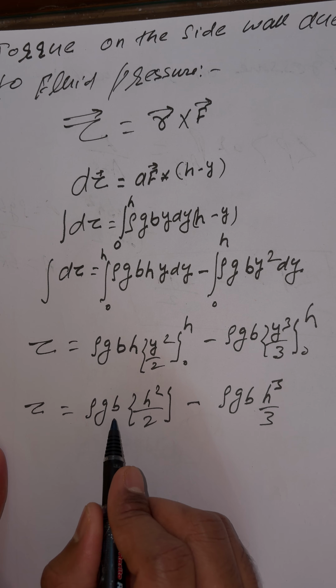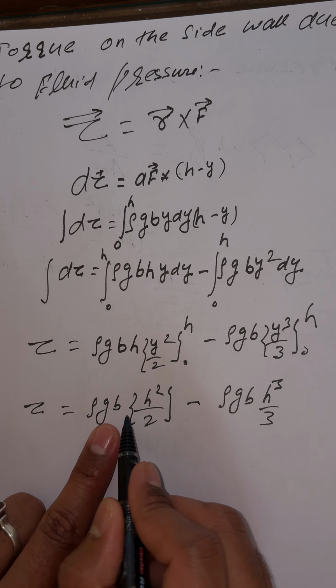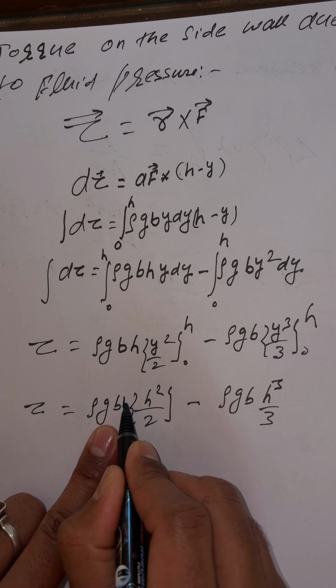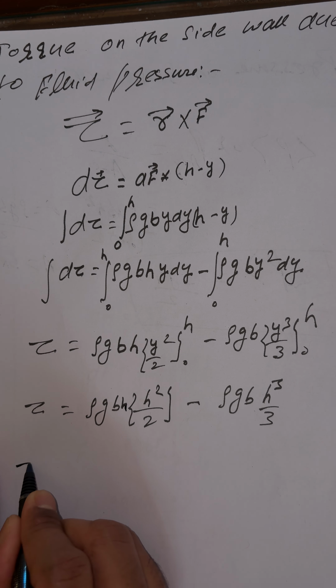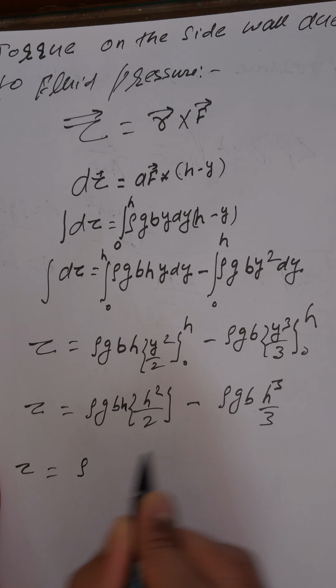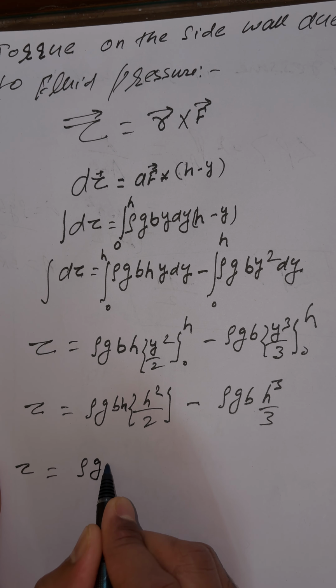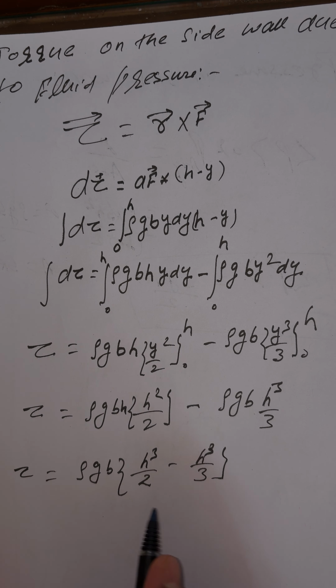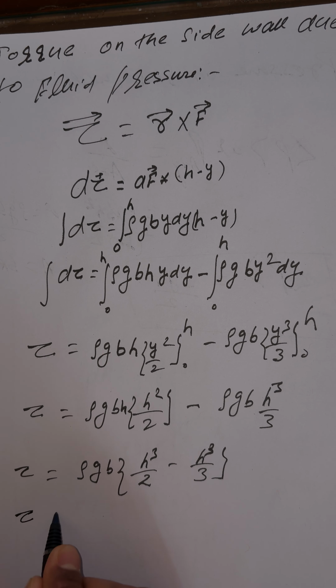Now students, this is the condition, h remains the same, so torque is equal to rho g b, you can take common, better for you, h cubed by 2 minus h cubed by 3, my dear. Take the LCM, 6.